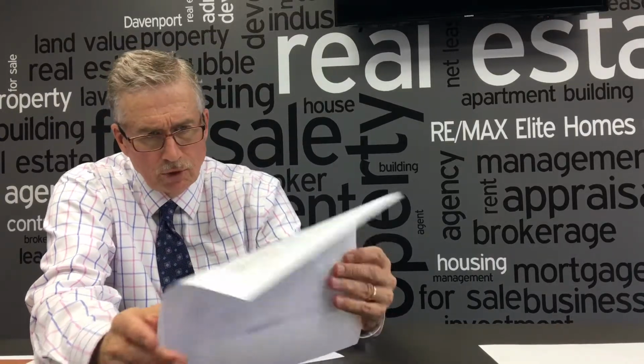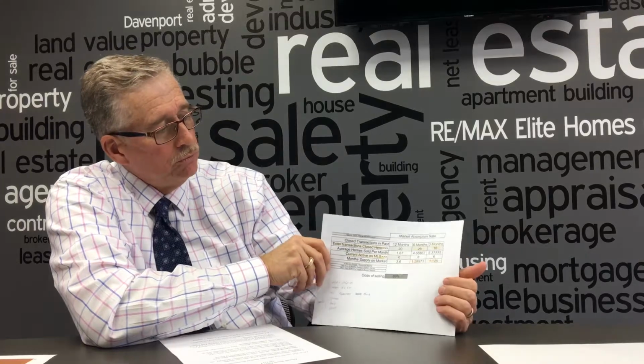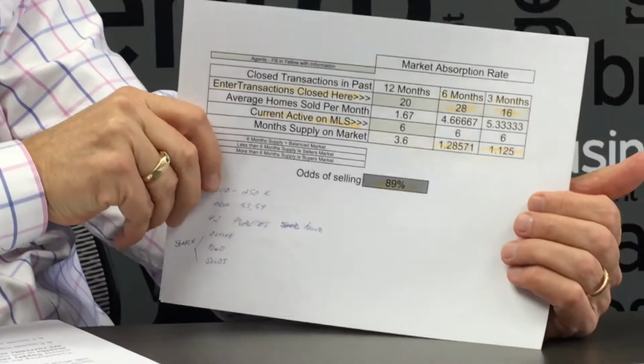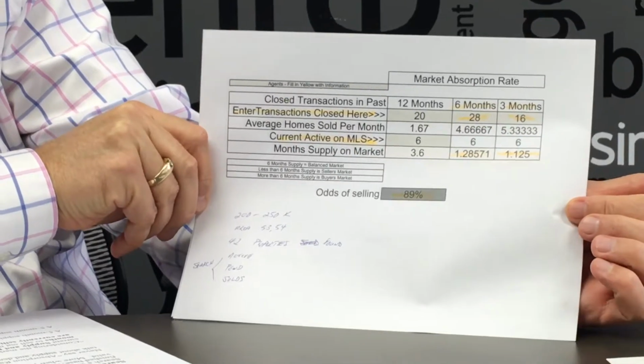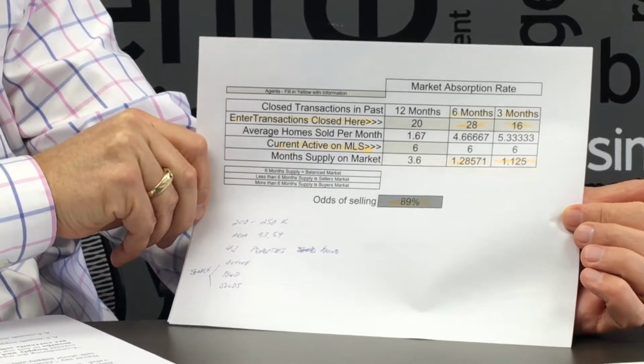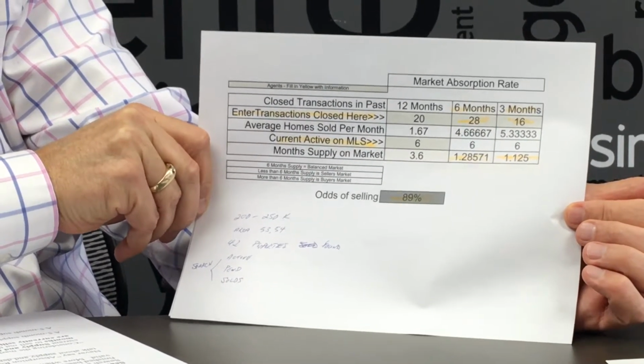If you go on the intranet to helpful marketing tools, it will be on there, and you'll be able to plug the data right into that Excel spreadsheet and easily calculate the month supply of inventory. That's what it will look like when you pull it up on the intranet.